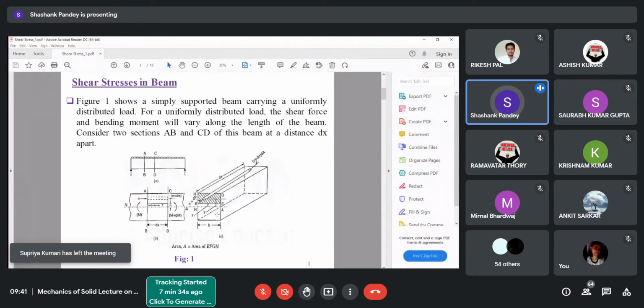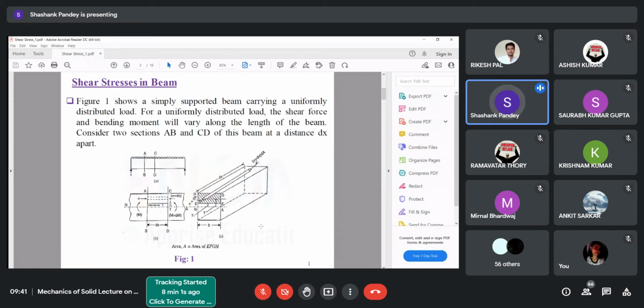Here we can see that we have assumed one cross section EFGH. It is a shaded portion. The distance from the neutral axis of line EF is y1. This cross section has its centroid, and we can assume one distance as y here.